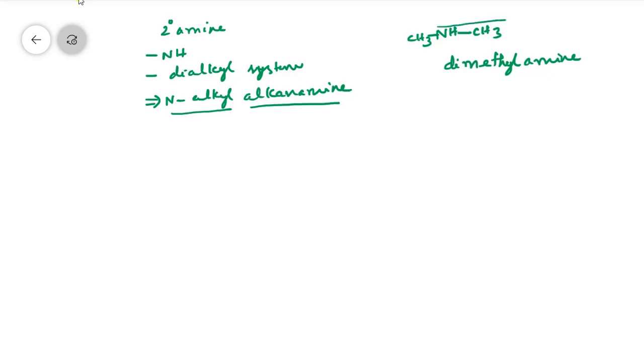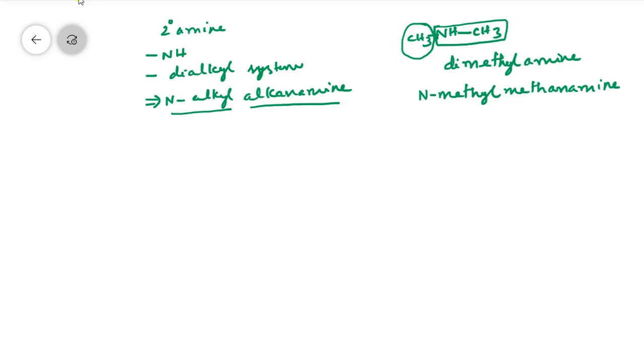One of the groups is considered as the alkane, and the other is the substituted group. What is the substituted group? Methyl is the substituted group. The name is N-methyl, and in the other chain, methane is present. So N-methyl methane amine.